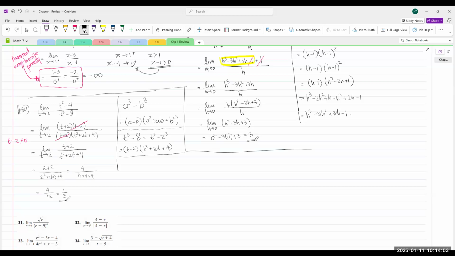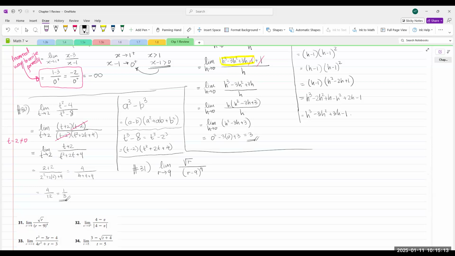Number 31. We have the limit as r approaching 9 of square root of r over (r minus 9) to the 4th.